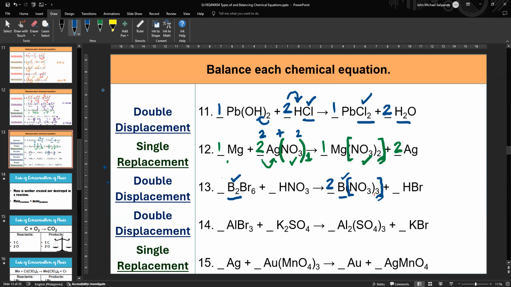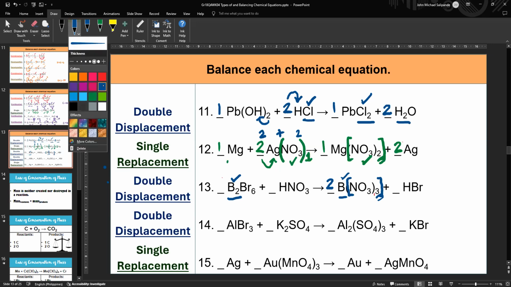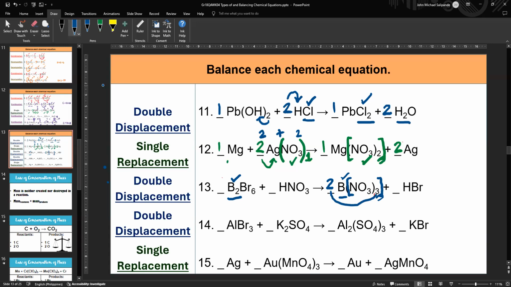And because we have 2 as a coefficient here, we have 2 times 3, 6 groups of NO3 on the product side. And we only have 1 group of NO3 on the reactant side. So to make the reactant side contain 6 groups of NO3 or the nitrate, we have to multiply HNO3 by 6. And with that, NO3 is already balanced.